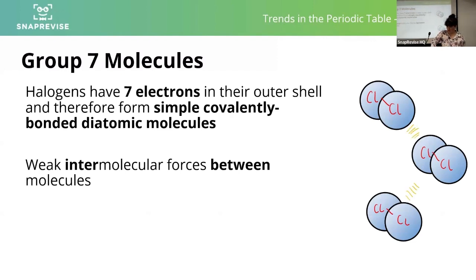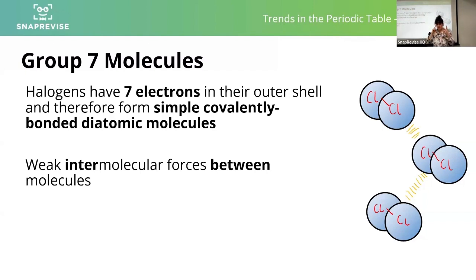So personally, when I'm talking about bonds, such as metallic bonds, ionic bonds, and covalent bonds, I like to use the word bond. When I'm talking about an intermolecular attraction or an intermolecular force, I try to use the word force. For me, that helps me to think bonds are stronger than intermolecular forces, so it reminds me of that bit of theory.